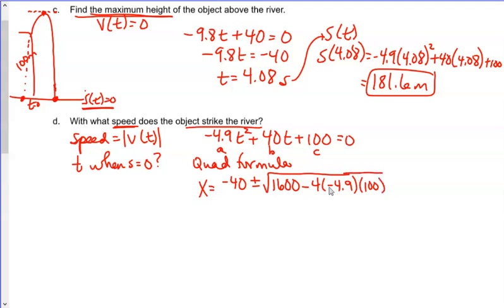Now, do you see this negative right here? Be very careful, because when you multiply all the way here, this is going to be negative, which in turn makes that a positive. All over 2a, so 2 times negative 4.9.